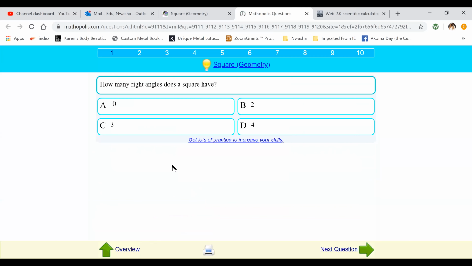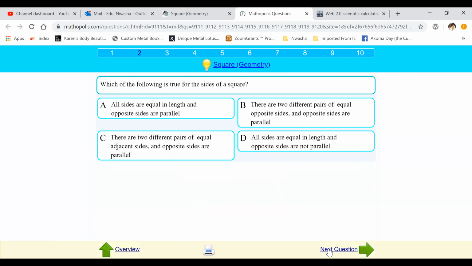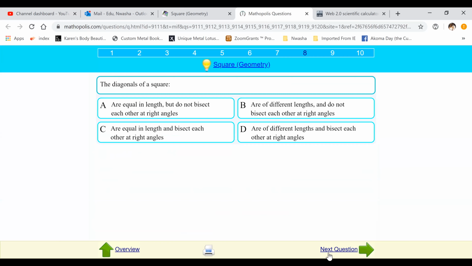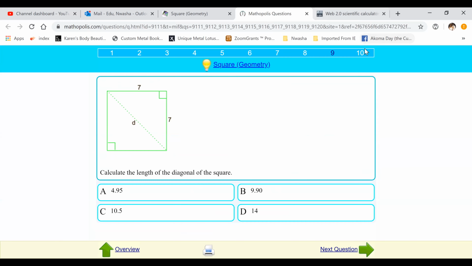These quizzes are similar because the rectangle and the square are similar. As you go through, you're going to see some of them are definitions again. Perimeter, then area. So you just have to make sure that you are reading the directions so that you use the right formula. So let me stop sharing and then we'll open up for some questions.